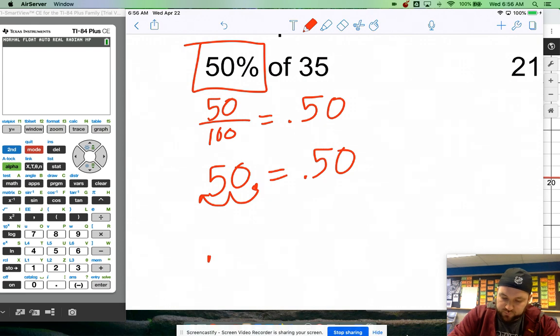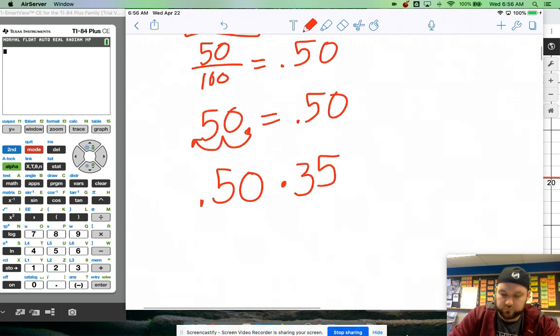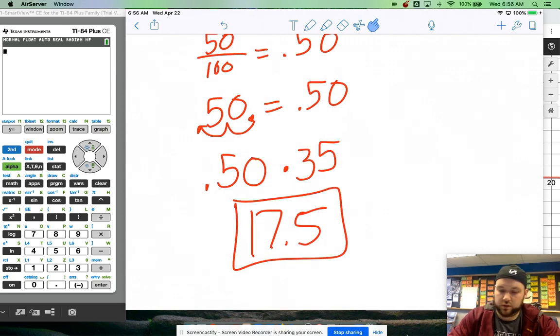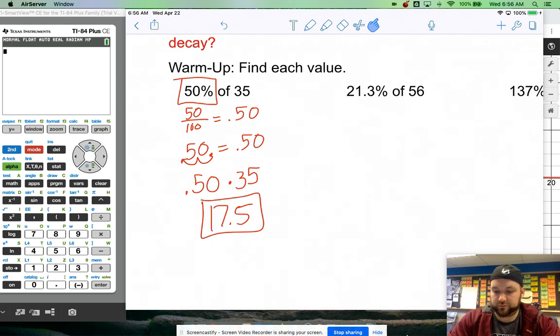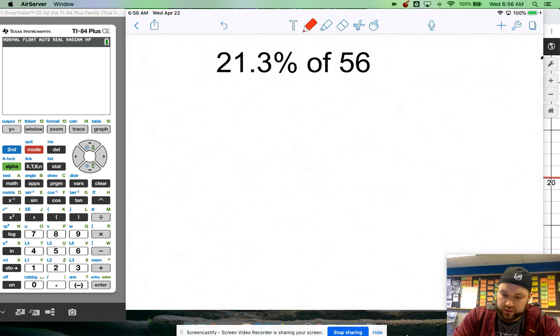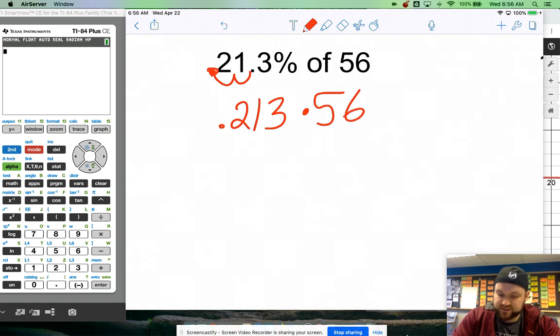So to find 50% of 35, I need to take 0.50 and multiply it by 35. Okay. If I do that in a calculator, I'm going to get 17.5, which 50% is the same as half, and 17.5 is half of 35. I like the decimal moving method, especially if my percentage has a decimal in it. So 1, 2 to the left. So 21.3% is 0.213 of 56.